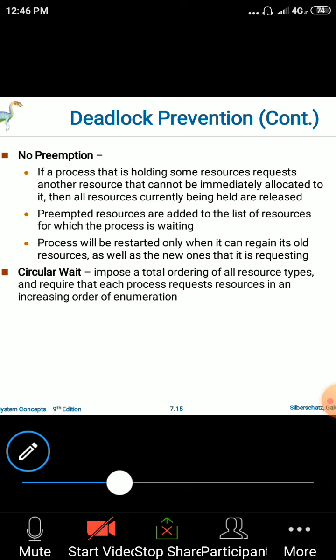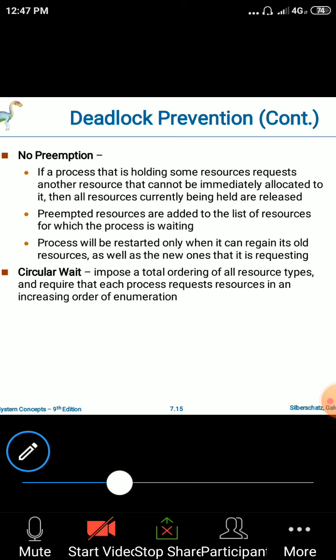So these are the 4 different deadlock prevention algorithms that can be used to prevent the deadlock. We are avoiding the situations of mutual exclusion, circular wait, no preemption, and hold and wait. These are the 4 characteristics for the deadlock to occur, right? If all of them hold, then only will the deadlock occur.